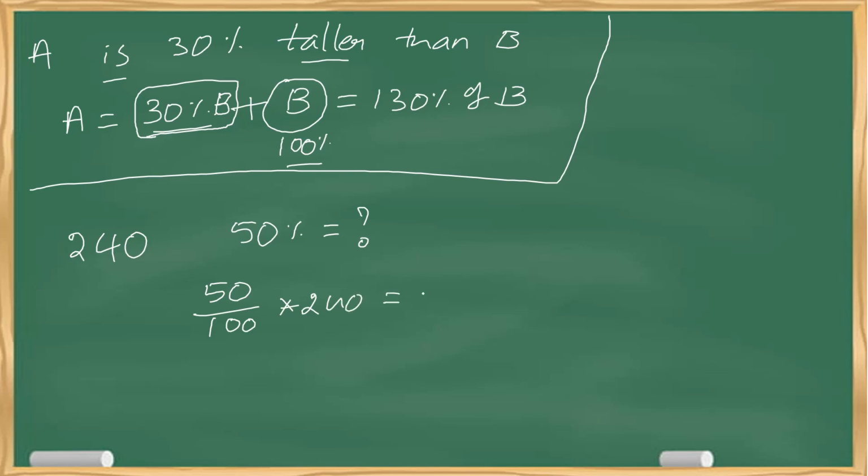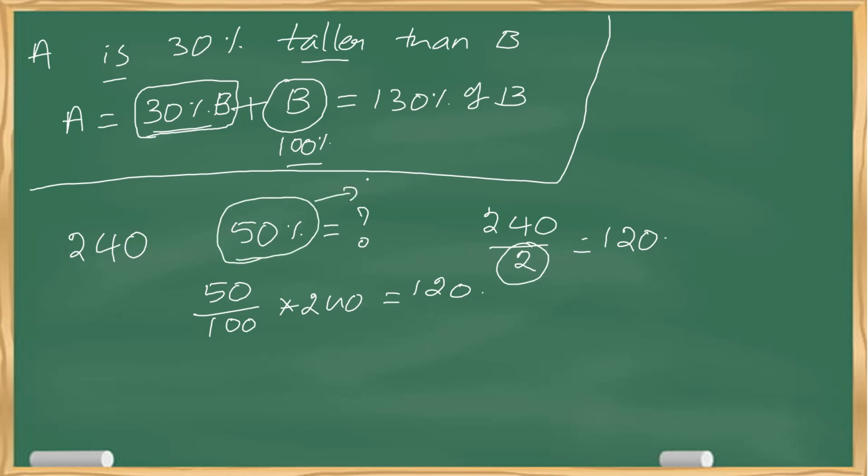You will not do it this way. Yes or no? How to do it? In 240 you will simply find half of it, that is 120. Why half? Because 50% generally everybody knows is half of the thing. So 50% means 1 by 2.